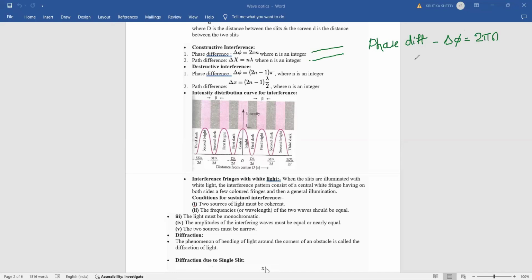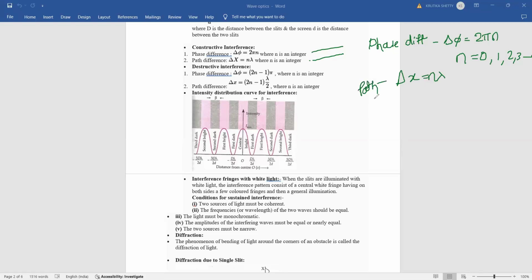There was a derivation for this, but that is not required. The path difference is given by delta x is equal to n lambda, where n is an integer.